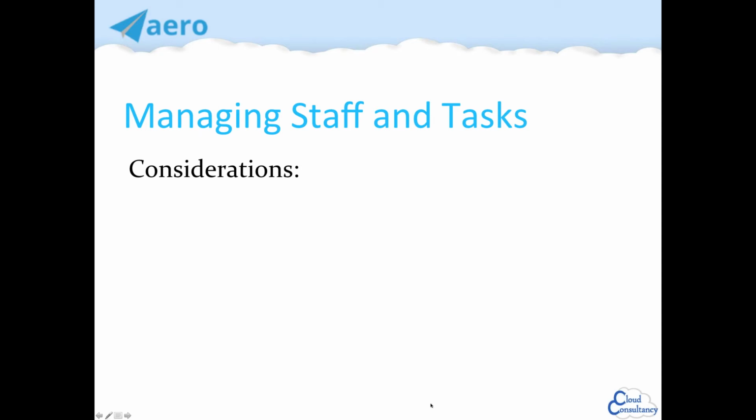One of the considerations when you're thinking about a workflow management tool like Aero or anything else, there's a bunch out there on the market, is that you need to think about how your tasks are going to get on the list. How are staff going to access their task list?